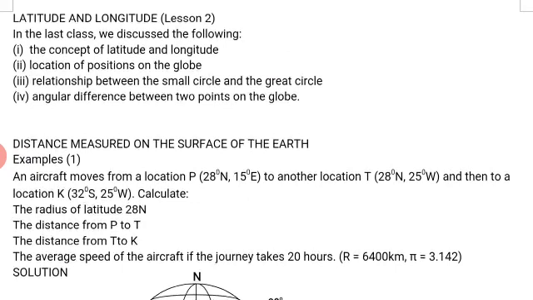We also discussed the angular difference between 2 points on the globe. We said that the angular difference between 2 points on the globe depends on the position of the 2 points. If the 2 points are in the same hemisphere, that is in the same pole, maybe north and north or south and south, then we are going to subtract the two angles.